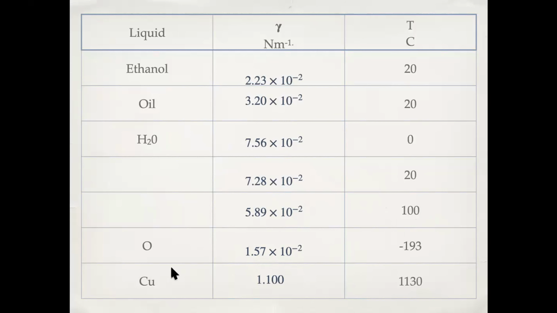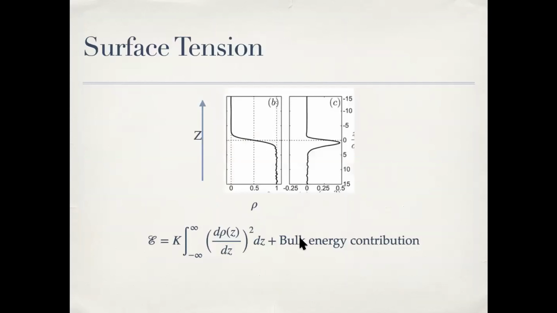This is liquid oxygen. Liquid oxygen exists at a very low temperature, minus 193 degrees centigrade. This one is a low temperature liquid, and copper is a high temperature liquid. It has a tremendous surface tension at the temperature of 1,000 degrees Celsius when the copper melts.